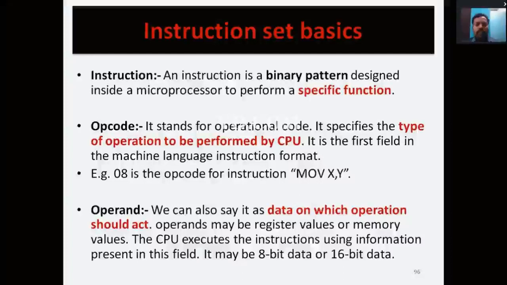Operands may be register values or memory values. The CPU executes the instruction using the information present in the operand field. It may be 8-bit or 16-bit data. Operand means data, present only in a register or in memory. Only two options.